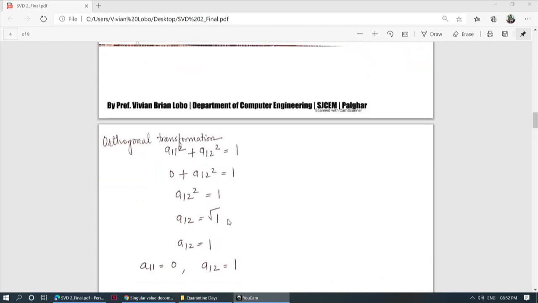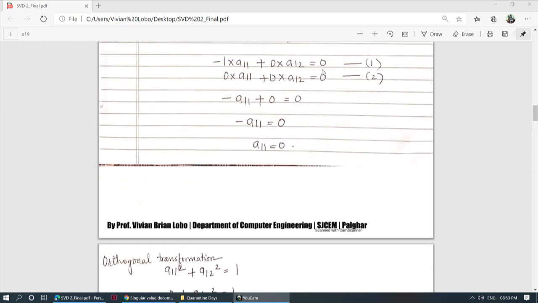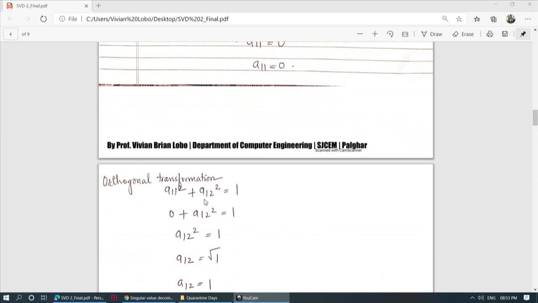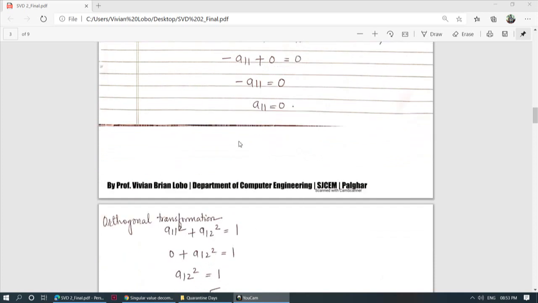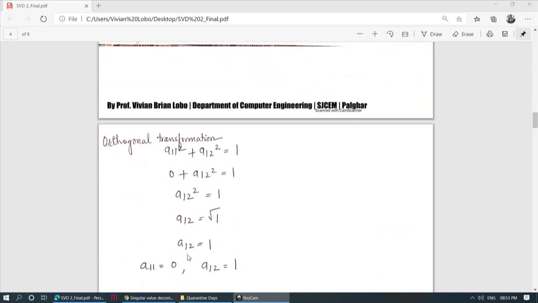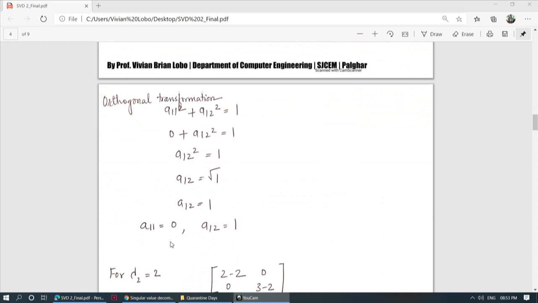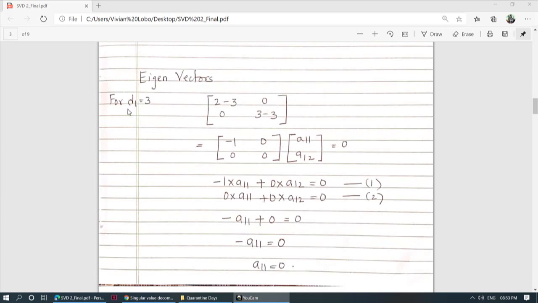So when we consider one of these equations and substitute the value of a11, which is equal to 0, we get a12. So a11 is 0 and a12 is equal to 1 when I consider lambda 1 equal to 3.